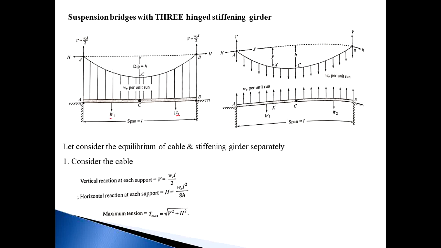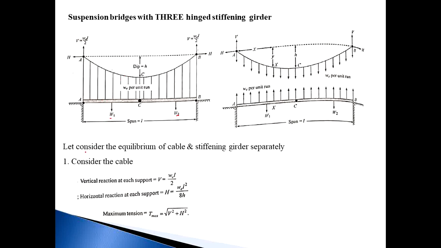Now we calculate the reactions and horizontal reaction at support A and support B, and WE is the load per unit run on the cable due to this girder. So let us see one by one.